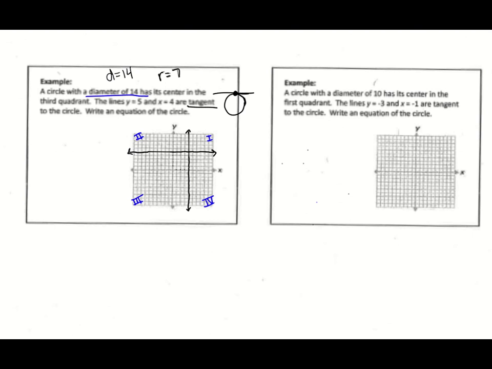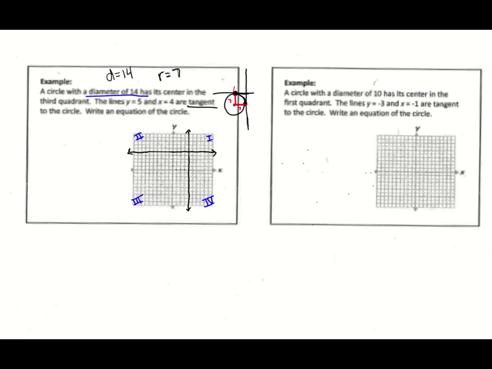So if I look back up here at my drawing where I do an example of a tangent, these two lines on my graph are going to look something like this. I want my circle to touch those lines only in one place. So if I look at my radius here of my circle, I want to go 7 away from this line and 7 down from this point. This is how I'm going to find my center. So this is 7 and this is 7.